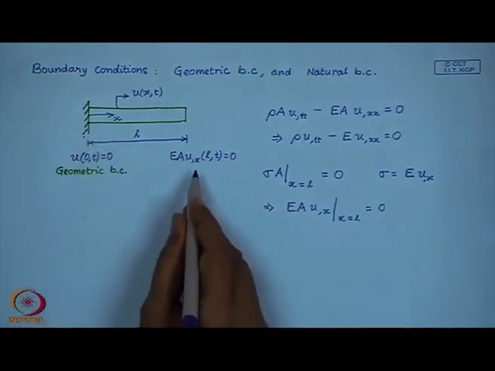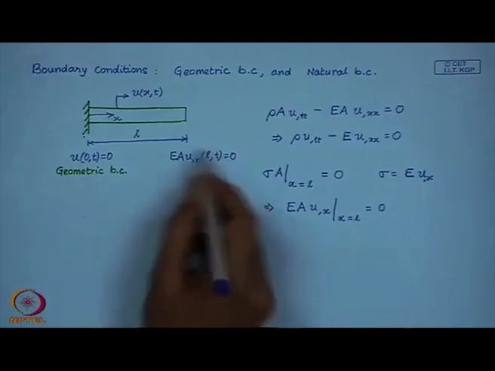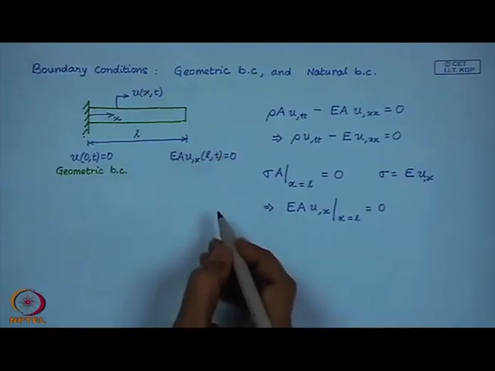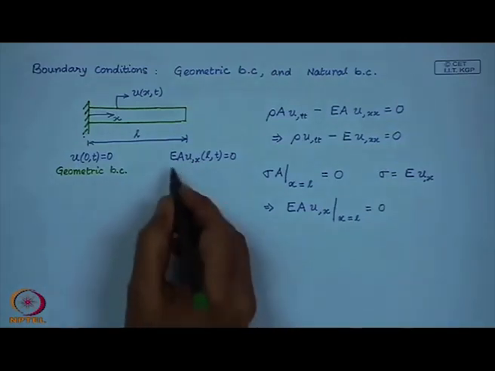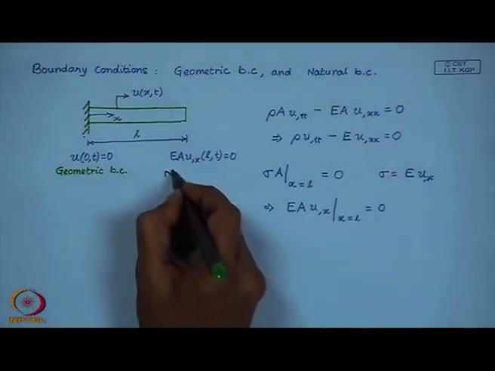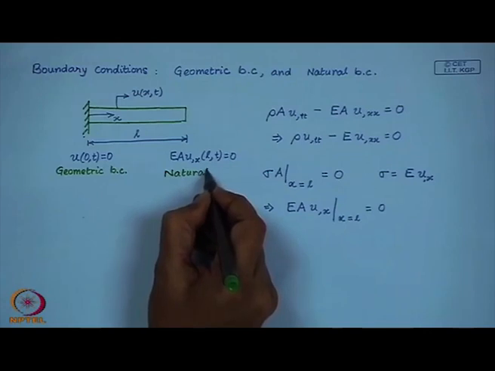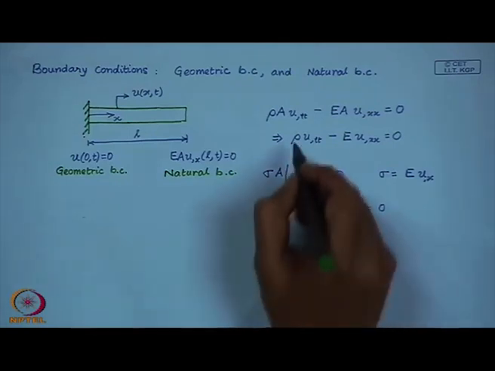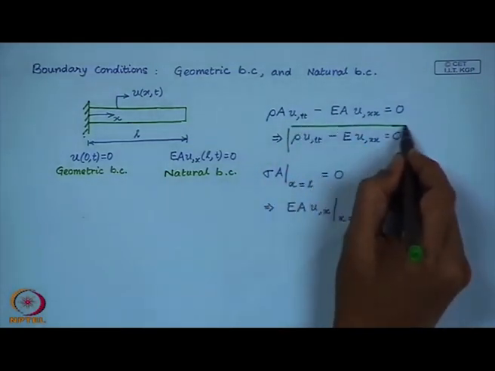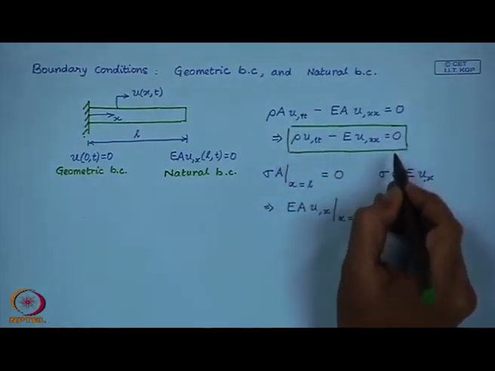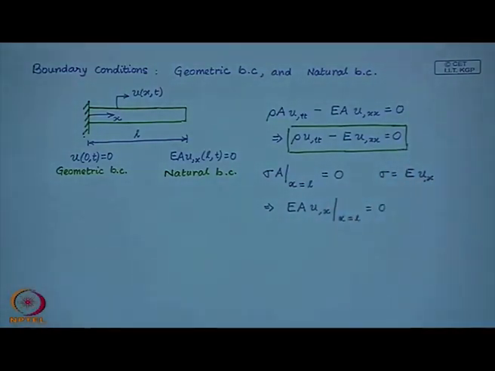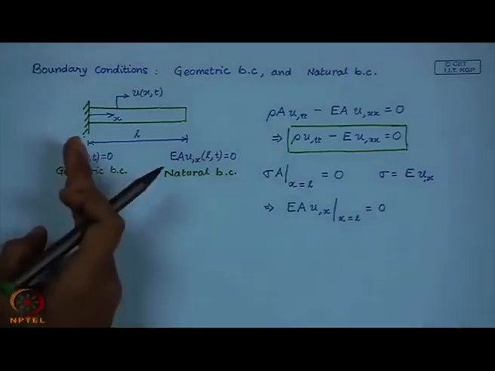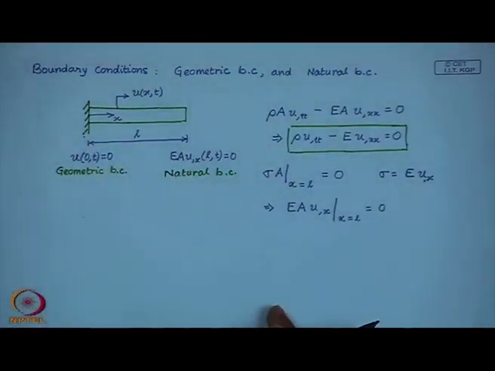Since A is uniform, the boundary condition turns out to be this. Now, this comes from a force condition. Such a boundary condition is a natural boundary condition. So, we finally have the equation of motion of a uniform bar and the boundary conditions, which completes the description of this fixed-free bar in axial vibrations.